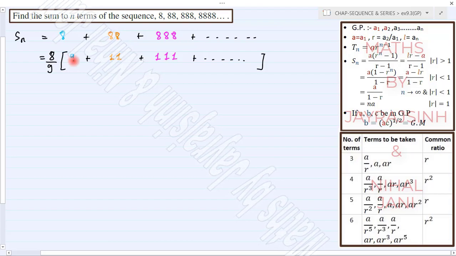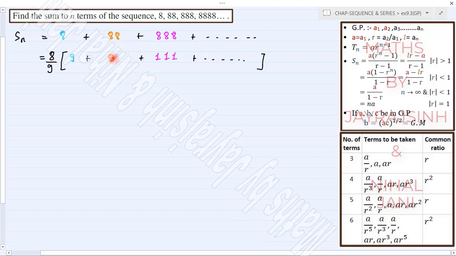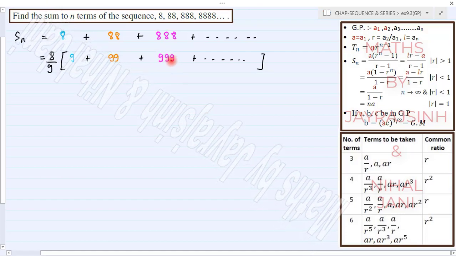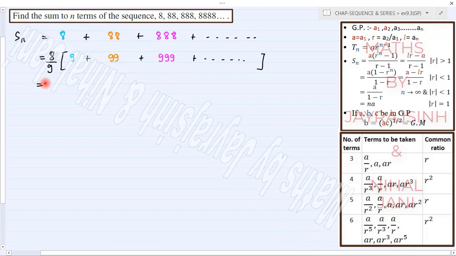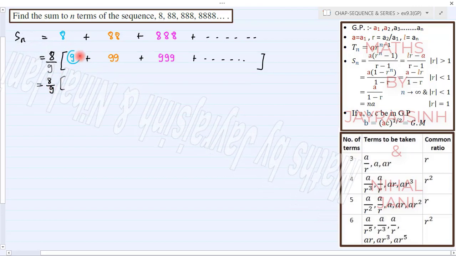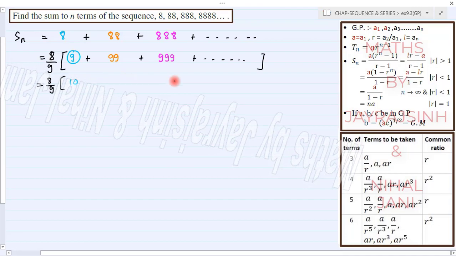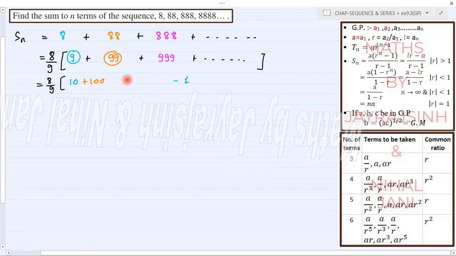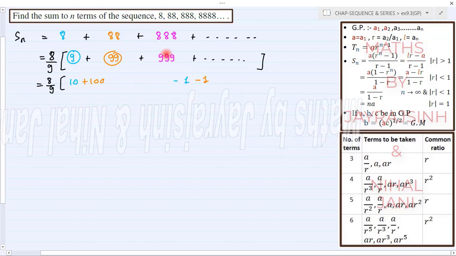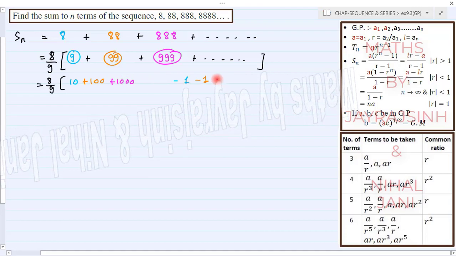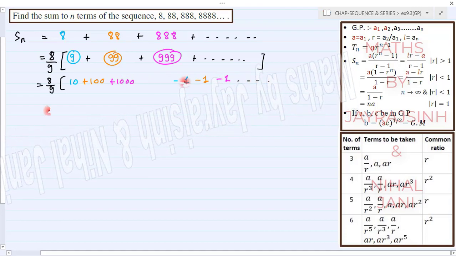So you'll get 9 plus 99 plus 999 and so on. Now we have to split all the terms. Your 9 can be split as 10 minus 1, then 100 minus 1, then 1000 minus 1 and so on.